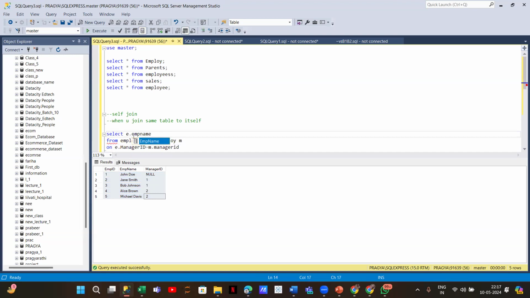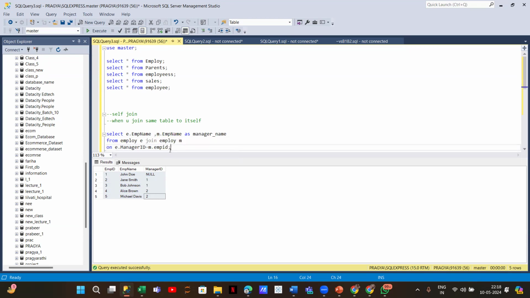So I will write employee name and comma, then I will write comma employee name, and here I am giving an alias as manager name so that I can distinguish which one is manager and which one is my employee column. Employee name, m dot. Here let me write employee ID. By mistake I wrote it here. Employee ID, m dot.